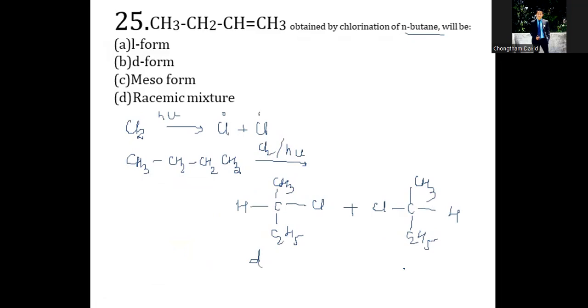This is the D rotation, this will be the L form. D and L isomers will form a 50-50 percent racemic mixture. So chlorine may attack on either side and give a racemic mixture of 2-chlorobutane, which contains 50% D form and 50% L form. So the answer for this question is D, racemic mixture.